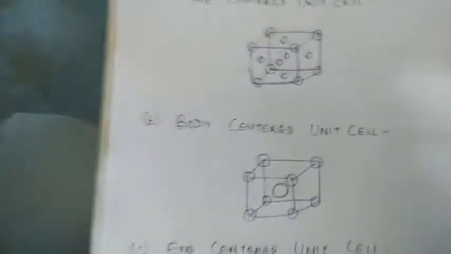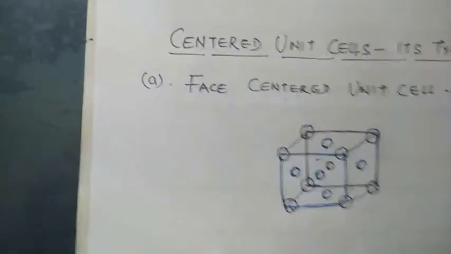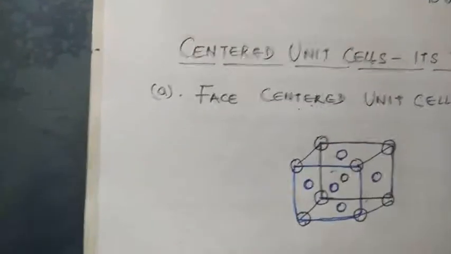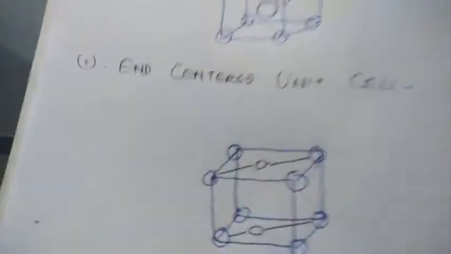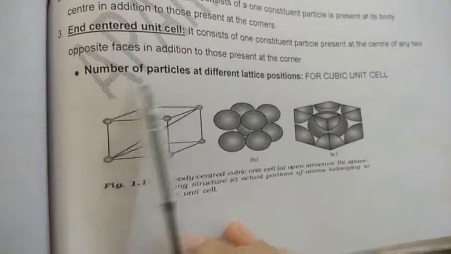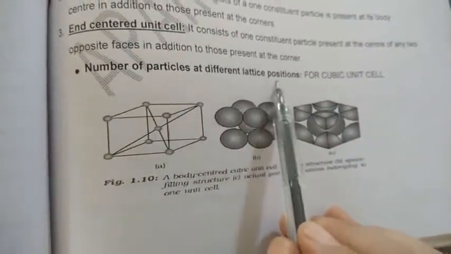Now we will have to calculate the number of atoms per unit cell. So basically, let us see how the things are drawn in NCERT, which is not very clear. So hopefully these diagrams are clear and you'll be drawing these only. So the very first one is how to calculate the number of particles at different lattice positions.